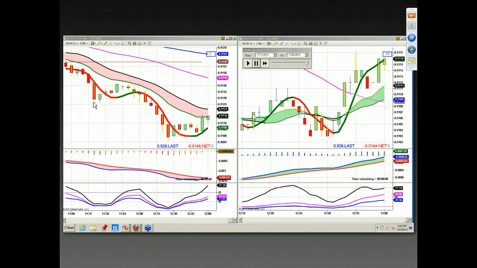Okay, so put your attention on these two charts right here. As I told you before, every moment in the market is its own unique moment, and sometimes these perfect trades show up with different characteristics. This one looks a little bit different. If we look on the 1-minute chart, look how close we are to that center line. That means that the window is closing.